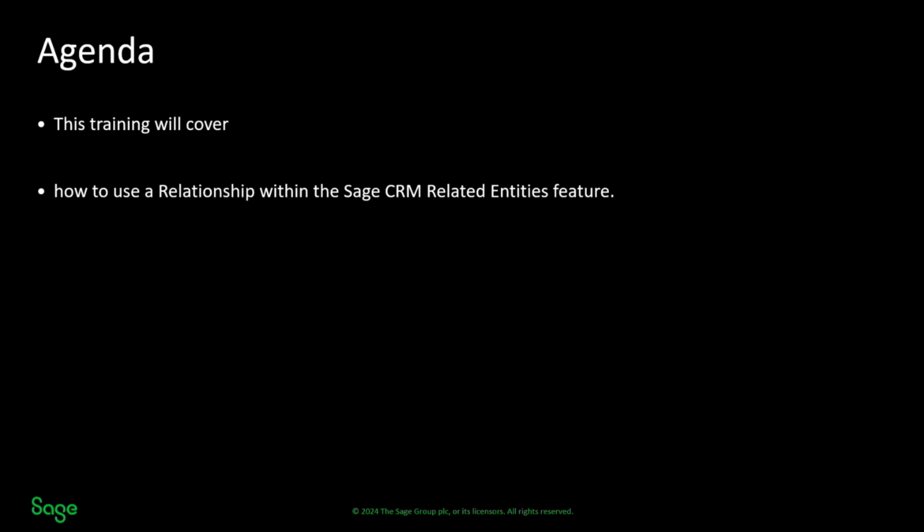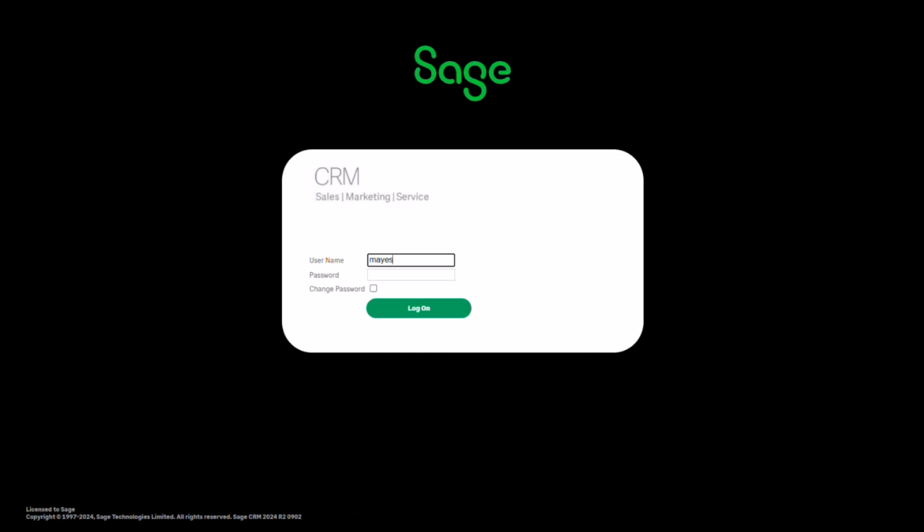I'm going to run through this and log on as a regular user. In fact, I'm logging on as a sales manager using a system that has been implemented with the demo data.